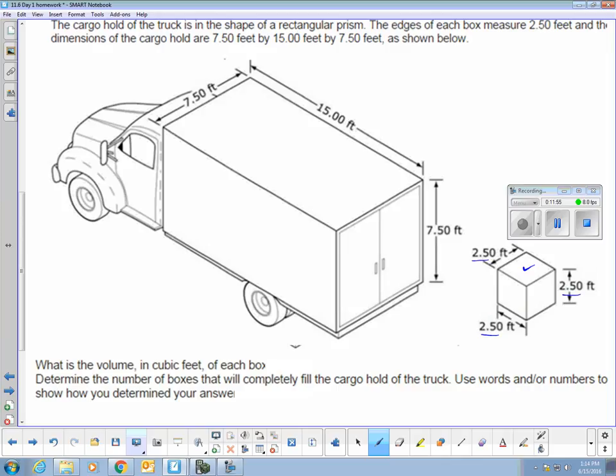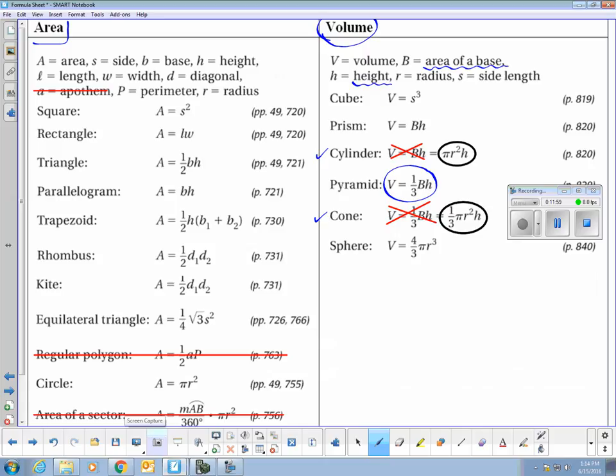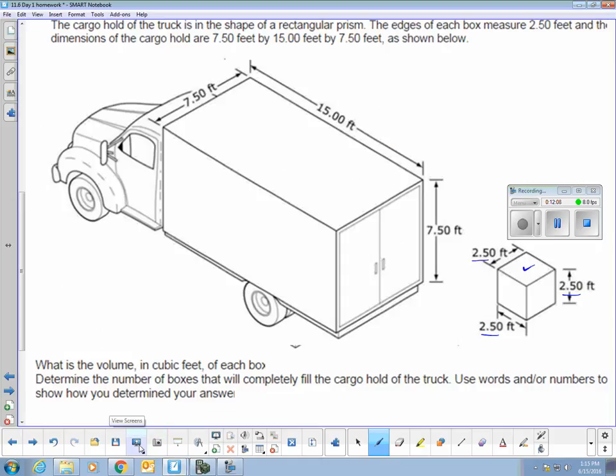So we're going to use the volume for a cube, which is listed right here. The volume of a cube is 1 side cubed, to the 3rd power.